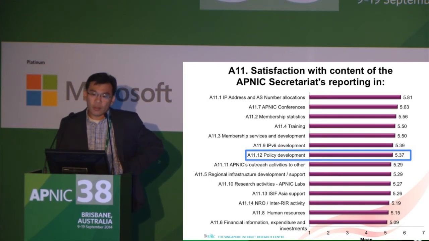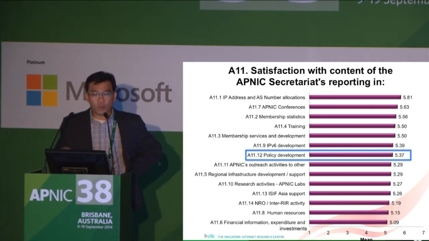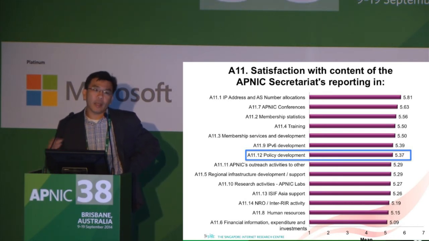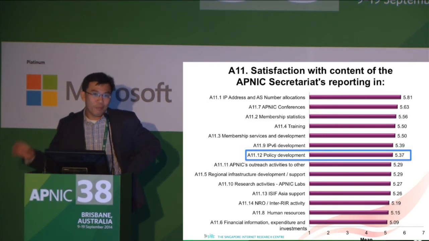The first question is satisfaction with the content of the APNIC Secretariat's reporting. Actually, reporting about policy development is located in the middle of these other items, so it means it's so-so. Reporting policy development is a responsibility of the chairs and the secretariat, so we will discuss how we can improve this internally, then report or implement it.